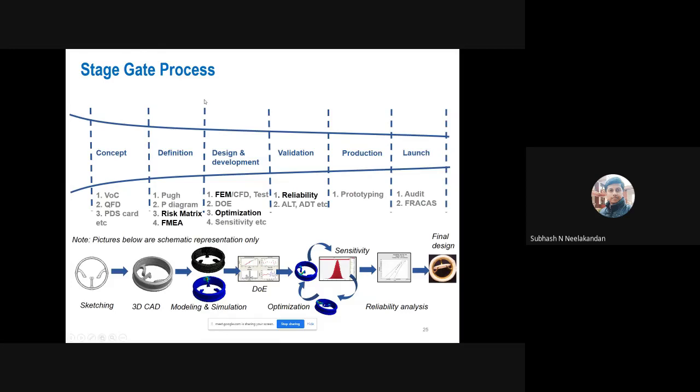After a particular maturity of activity, if the definition stage or gate 2 is qualified, it will move to design and development. Design and development involves various analytical design, testing activity, optimization, sensitivity study, etc. And finally, once we are good to go to the next stage, gate 3 will be qualified.